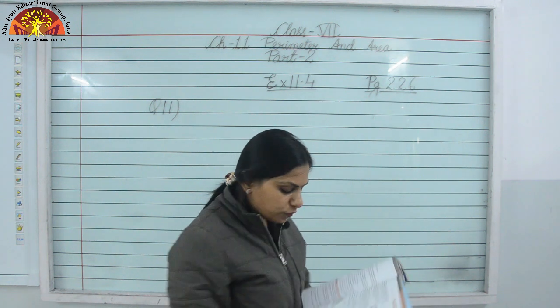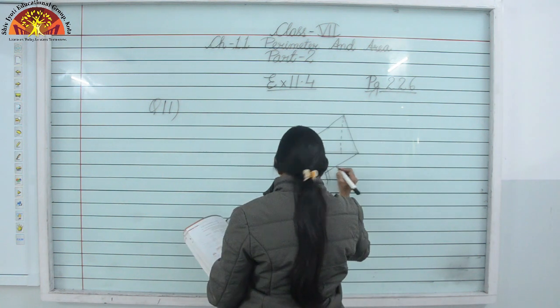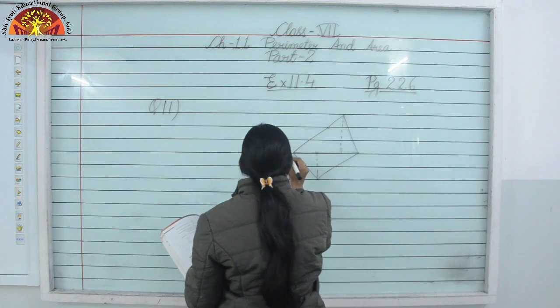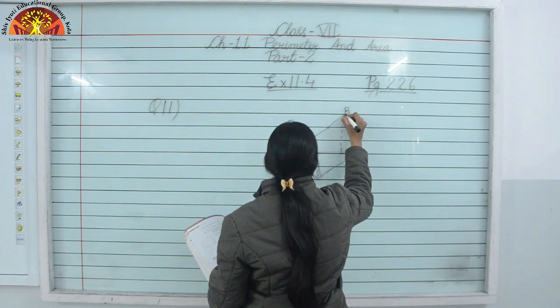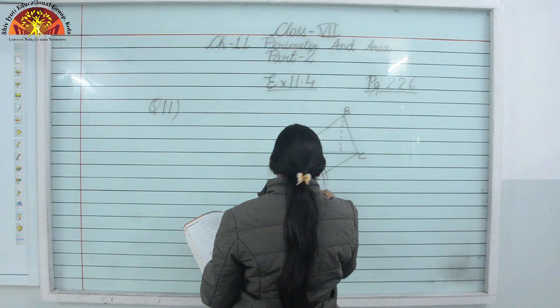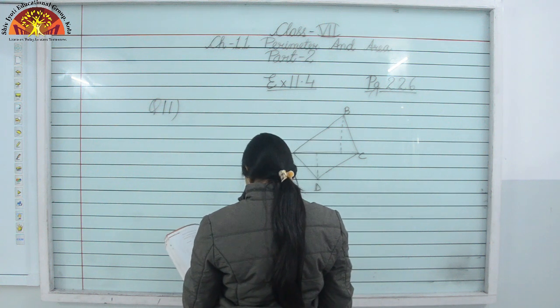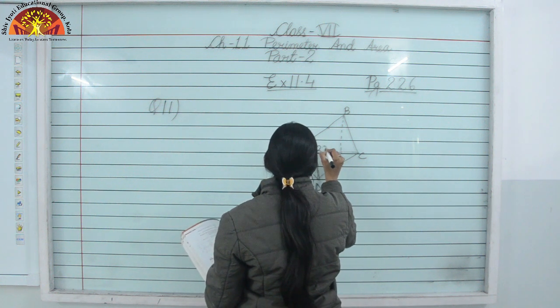So children, first of all we'll just construct the figure, okay. We'll just label it. This is the quadrilateral ABCD. AC is equal to 22 centimeters, it is given to you.